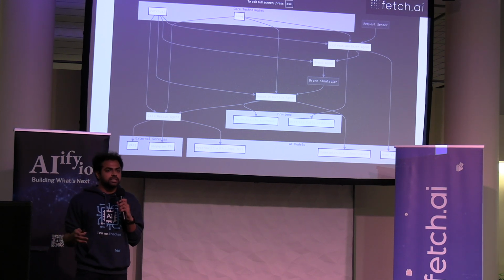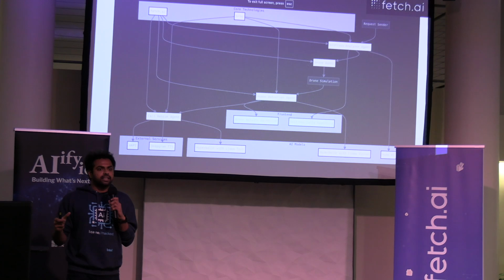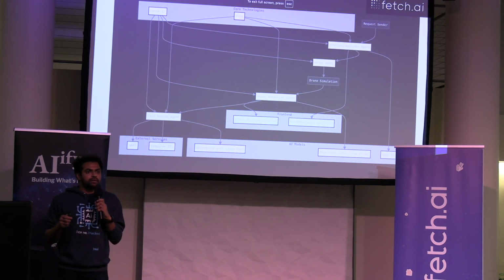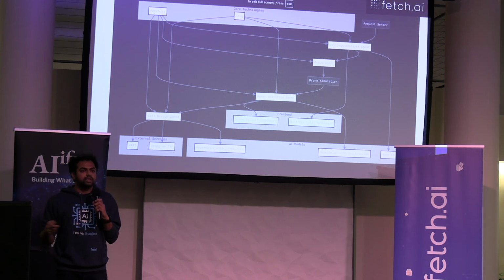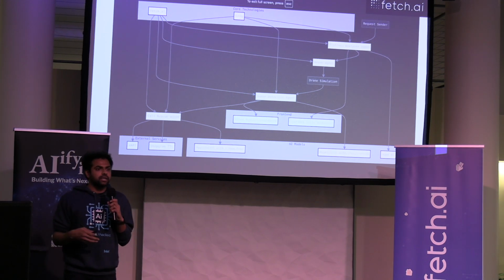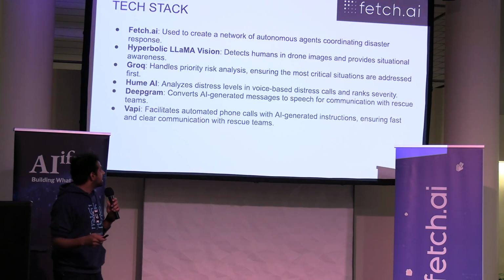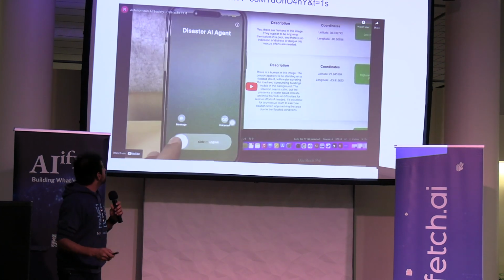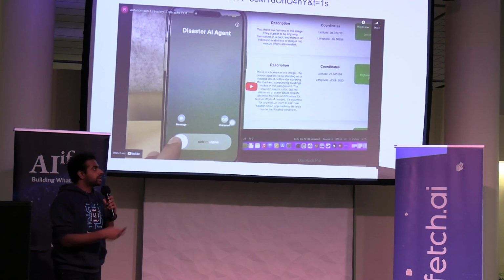If there are, that agent will automatically extract the coordinates from the photo, or whatever information we got from the drone, and make phone calls to the rescue teams, giving them the coordinates.